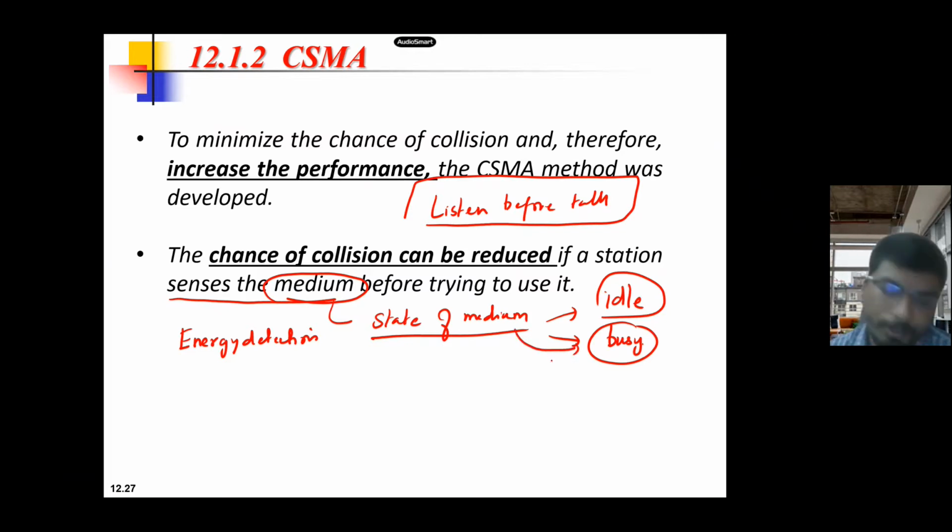Someone is using the medium. If the signal energy detection is minimal or it's not there, then you return the status as idle. So these are the two states of the medium that are returned by the device that uses the sensing capability to sense the state of the medium.